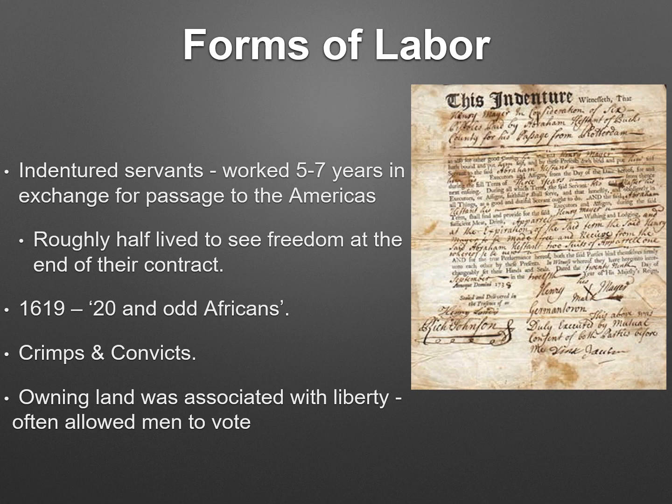You work specifically for that person doing what is outlined in your contract. If he contractually says you are going to work my land, then you're going to work his land for the next 5 or 7 years. If he has cattle, you're going to be taking care of the cows. If it's housework, you're going to be a servant for that time period. What's outlined in the contract is it.